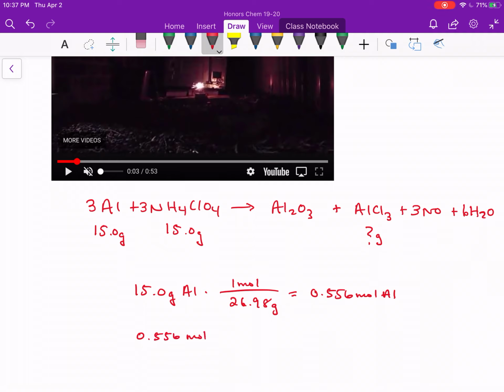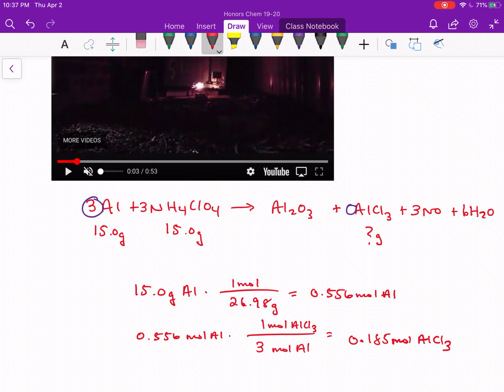We see that for every 1 mole of aluminum chloride that we produce, we need to react 3 moles of aluminum. So our mole ratio in this case is going to be 3 moles of aluminum, because we want it to cancel, so we put it on the bottom, for every 1 mole of my AlCl3 that I'm able to make. And so if I do that, that's going to be 0.185 moles of AlCl3.